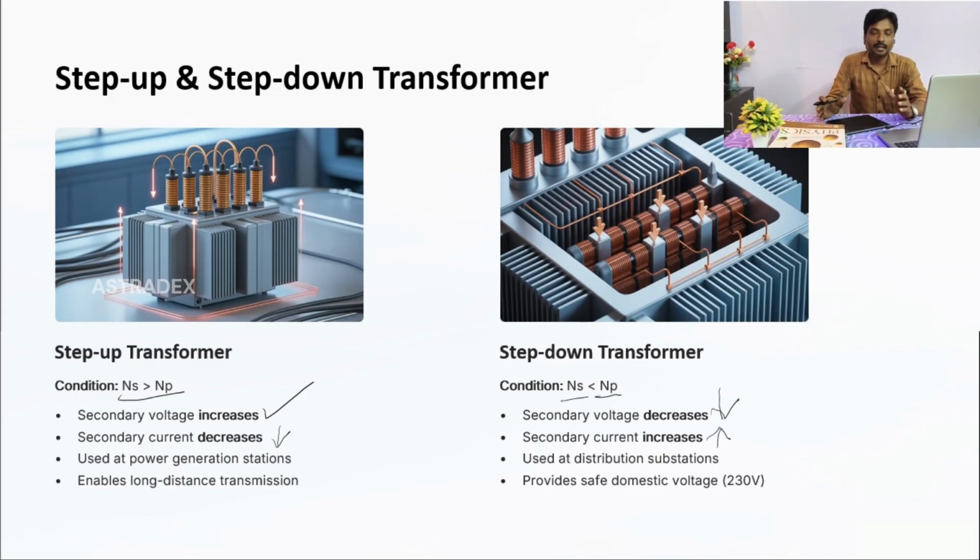We know that in our city, outside the city, there will be a substation provided, so that will distribute the power for domestic electric purposes. So it will provide safe domestic voltage. Typically it is 230 volts.